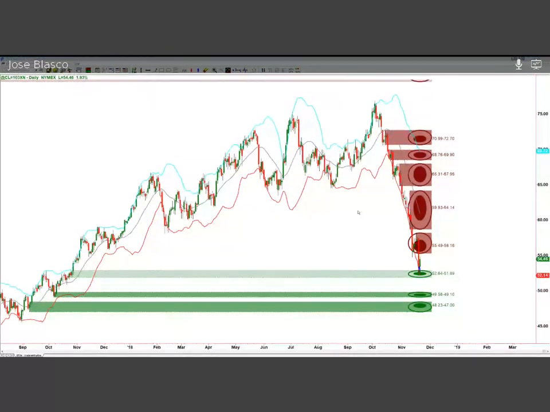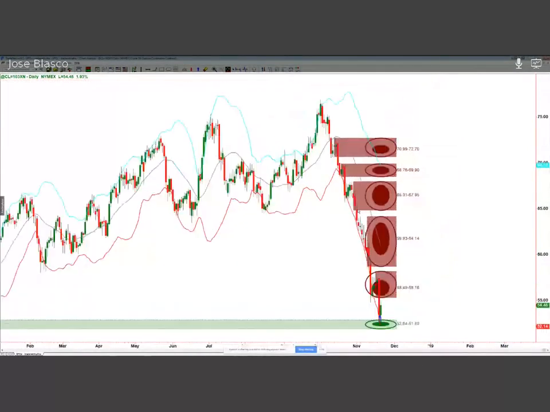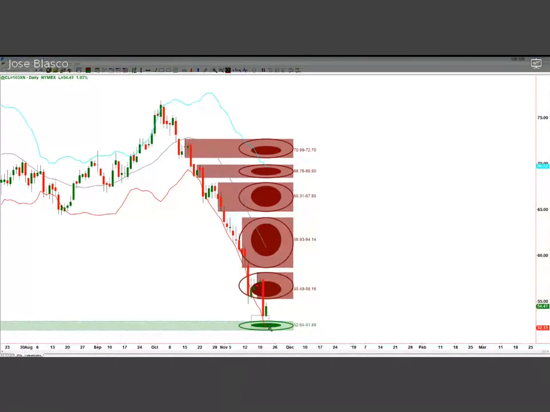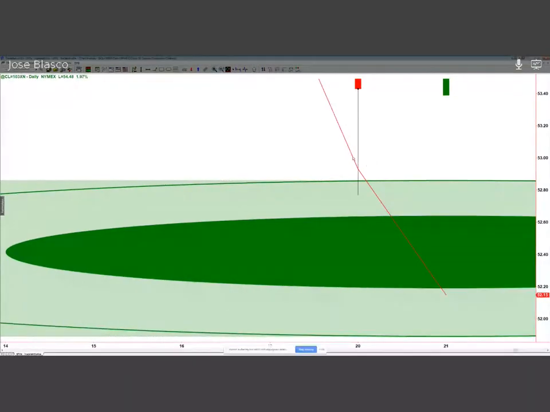But for example, if you were to plan on a mean reversion, what did we just have here? Well, it's a pretty nice, convenient situation where, if I really zoom in, you can see that we pierced the band and we entered the green UFO.